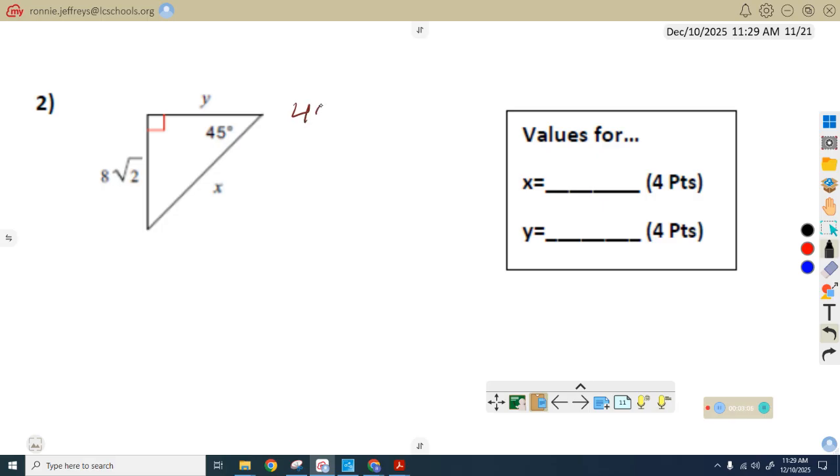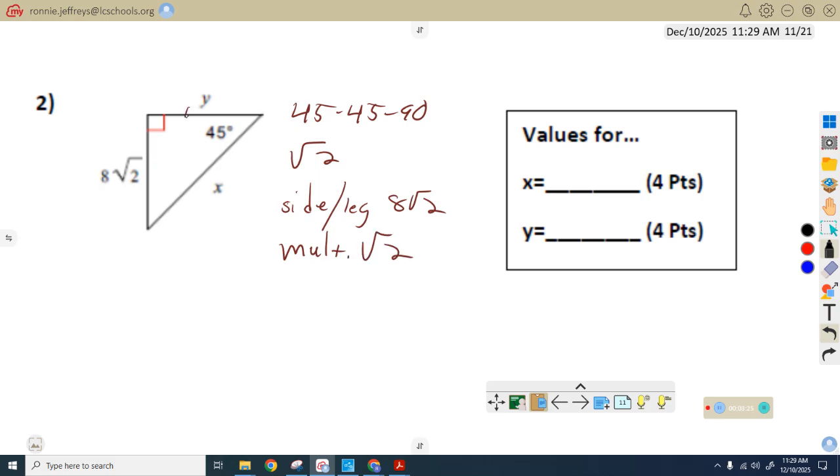All right, number 2. This is a 45, 45, 90, and this uses root 2. We're given a side or a leg, whatever you want to call it, of 8 root 2. We're going to end up multiplying by root 2. Y is the same thing as this.